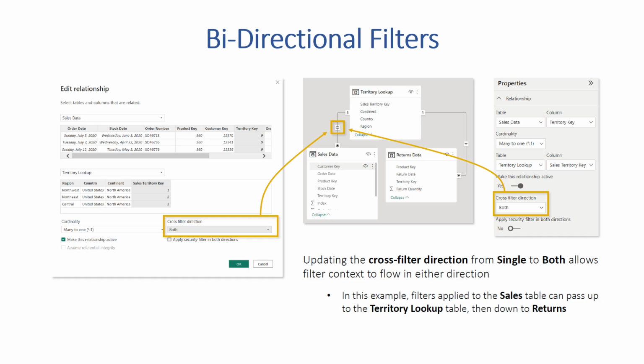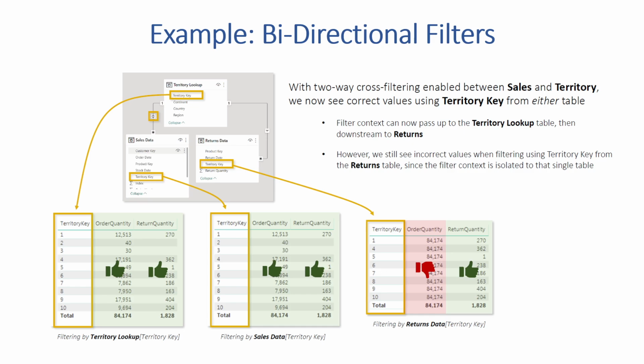I'll give you an example. If we put both directions here in this table, this one and this one, and I fetch this key from here and put the order quantity from this table and the return quantity from this table, I'll get a good result.